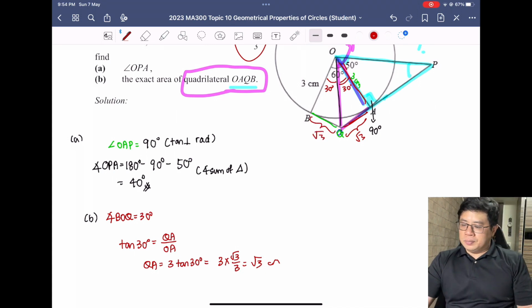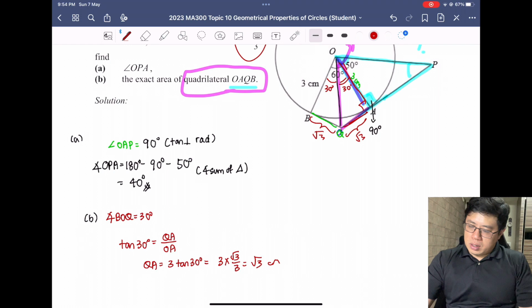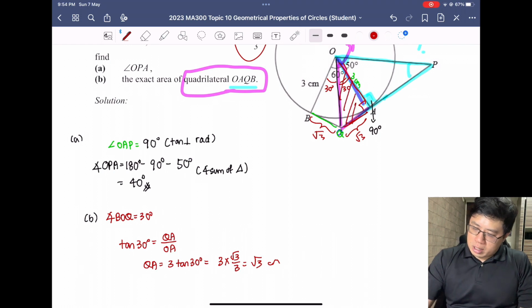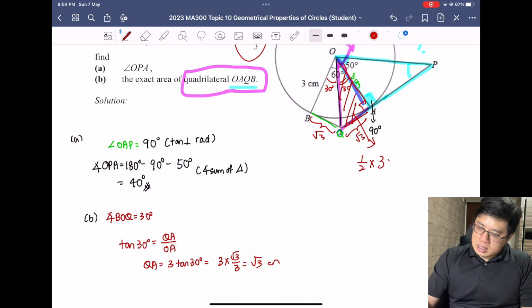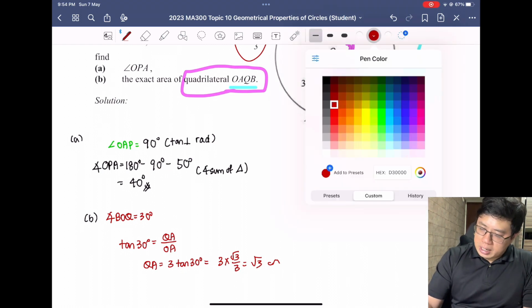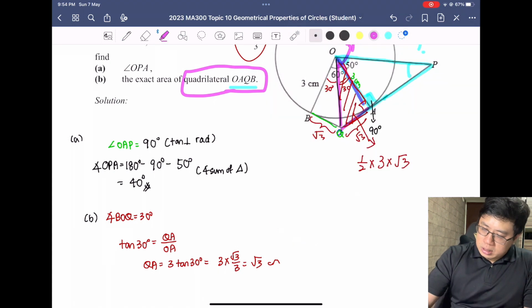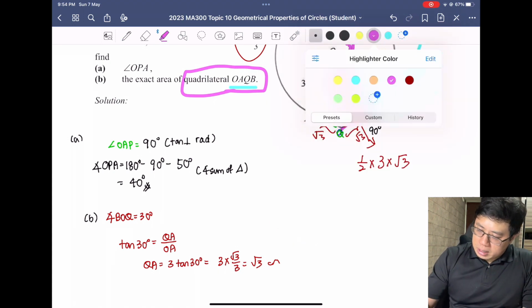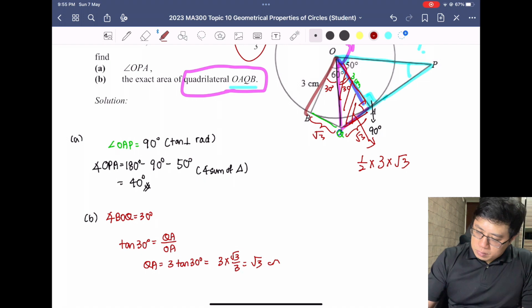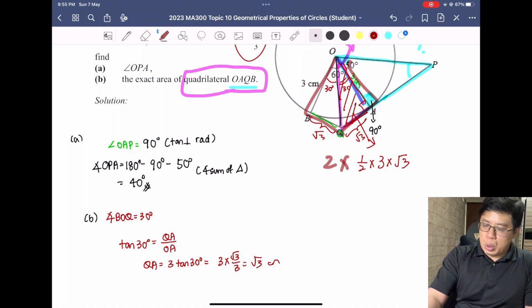With that, this is also 90 degrees. So if I want to find this triangle here, I can think of it as half times base times height. And if I want to find the entire part here, OAQB, I just need to multiply by 2.